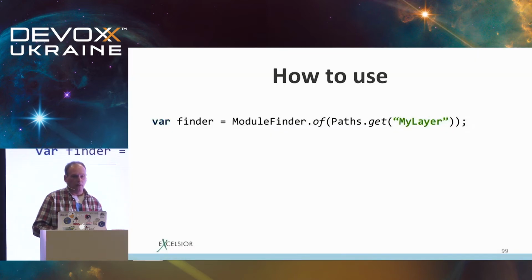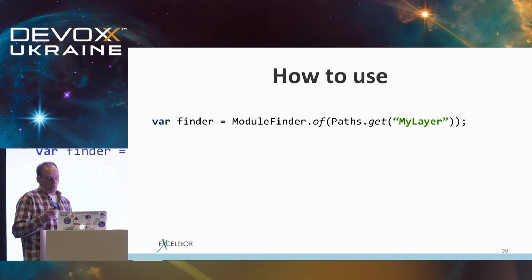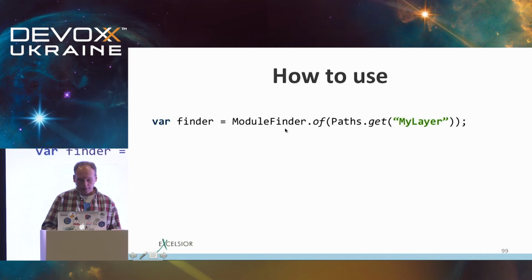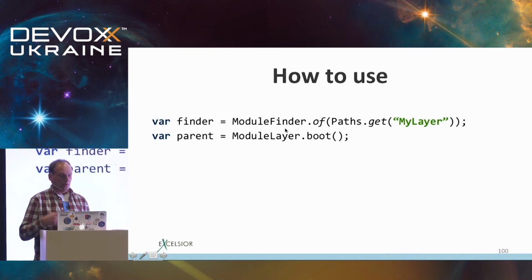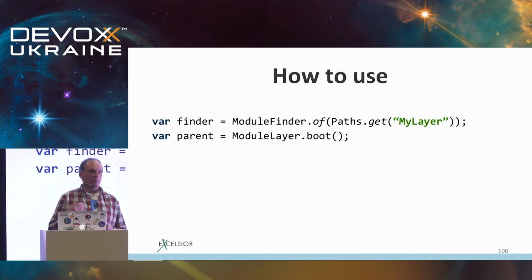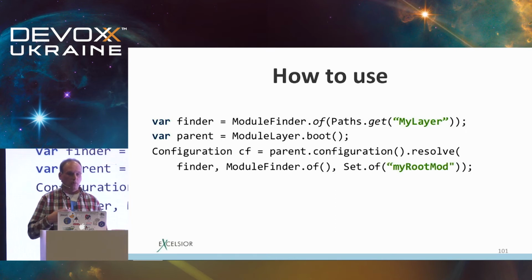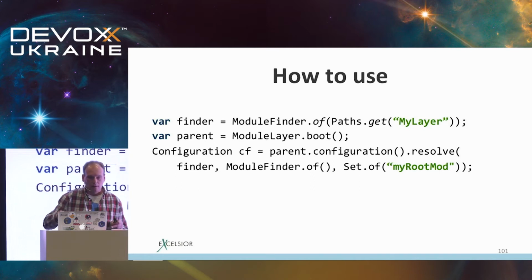To do that, first we need to tell Jigsaw where our modules are located. This is done by creating a so-called module finder object. Then we need a parent layer. In most cases, it will be the boot layer. Then we need to resolve dependencies within our new layer.